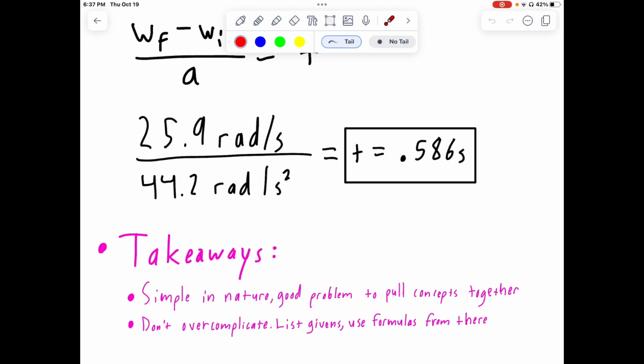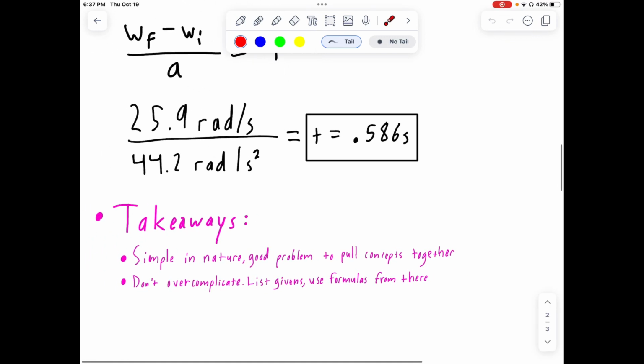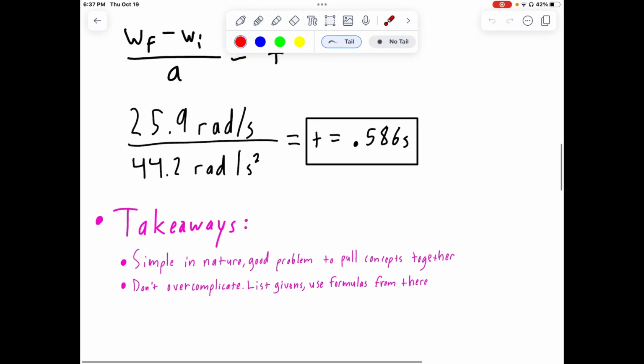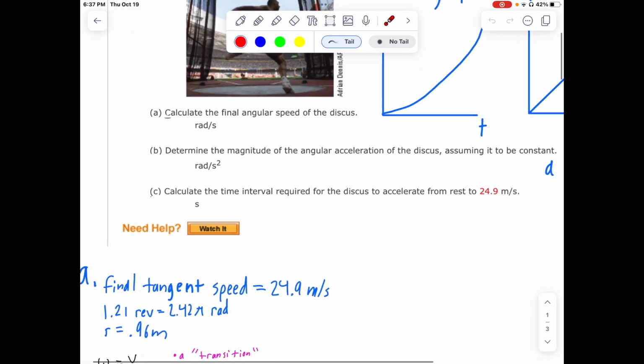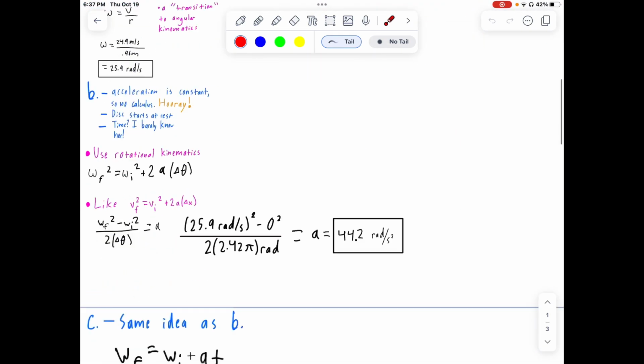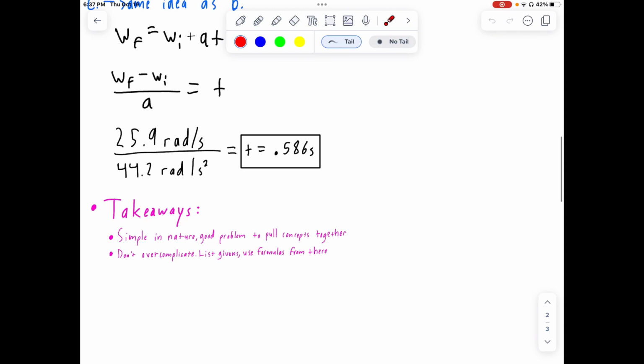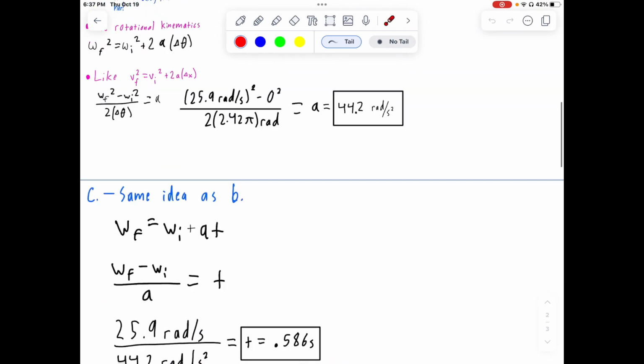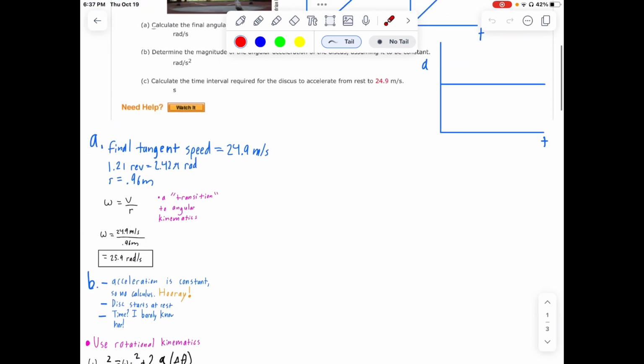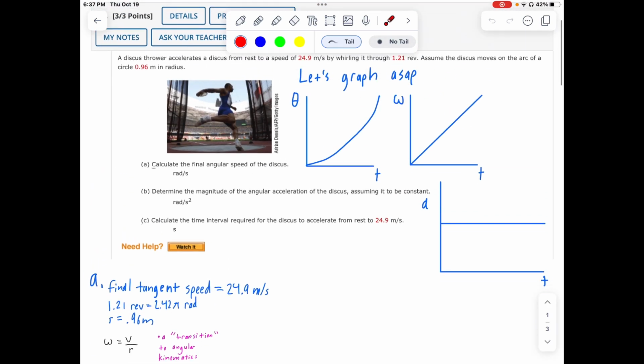So the takeaway for this problem is that it's pretty simple in nature. It's a good problem to pull the concepts of angular kinematics together. And don't overcomplicate. Make sure you list your givens and use your formulas from there. I think this is a good problem to ease people into rotational kinematics. For me, I kind of understood what it was going for, but I was a little confused.